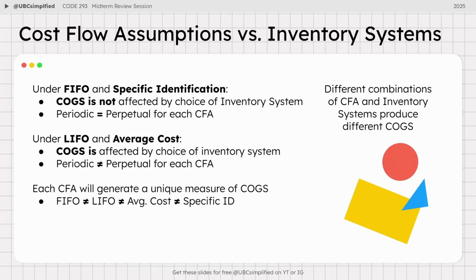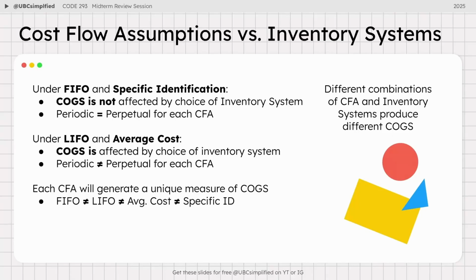If you're doing a perpetual inventory system, your COGS is going to be different, because if you're constantly tracking and the price is constantly increasing, it's going to be a higher COGS, as opposed to a periodic system where you wait until the end of the period and then calculate it. And this is just for very variable prices. It's super niche. Just keep that in mind.